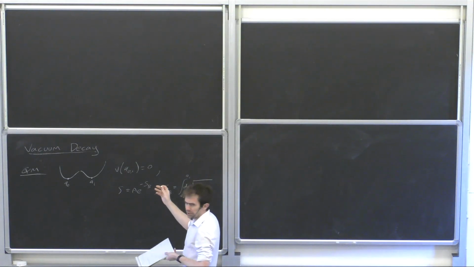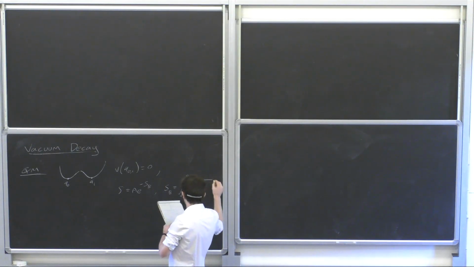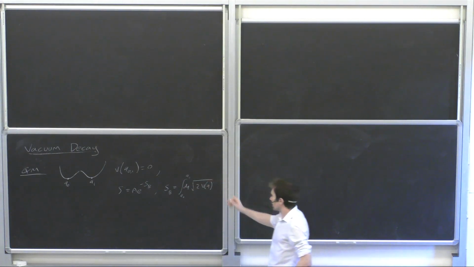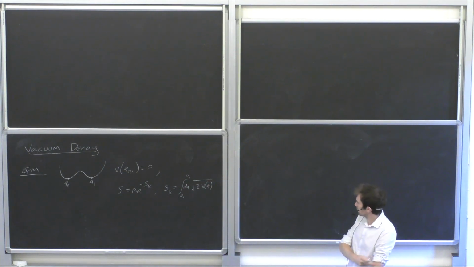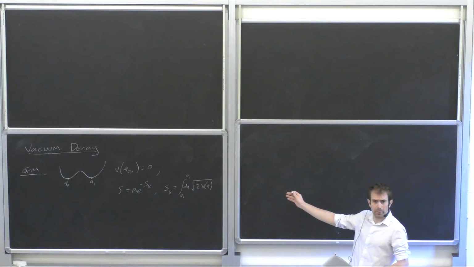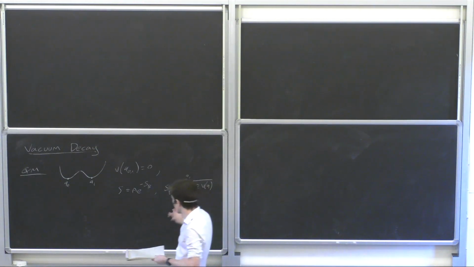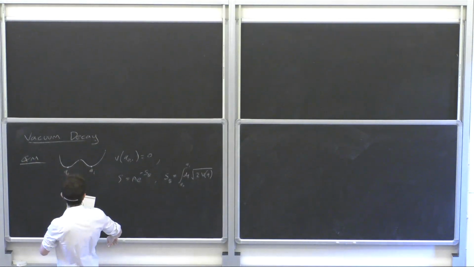Let me say that this particle has mass 1, just to avoid writing things out. Then the expression for the action is given by this. And this should immediately look familiar compared to our domain wall solution. In particular, the mass of our domain wall solutions had exactly the same form.